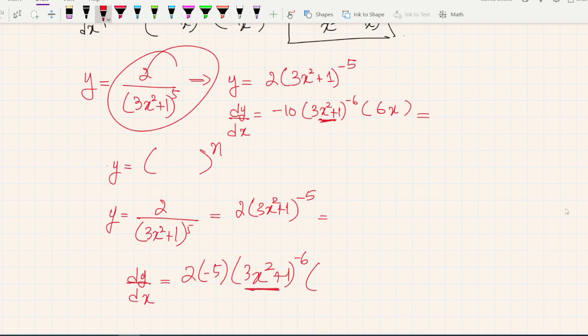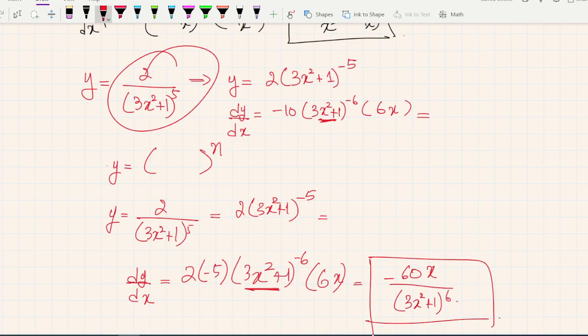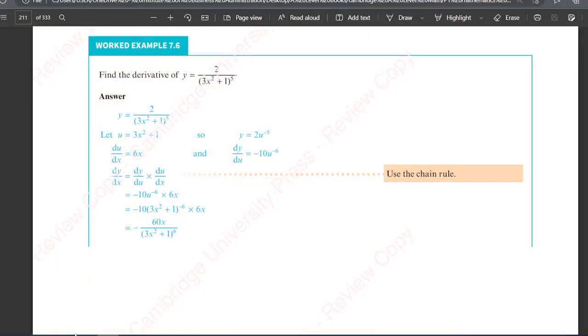So 3x squared plus 1 was inside the bracket, so the differential of 3x squared plus 1 is 6x. So we multiply this by 6x. Finally, if we combine all of these together, we get negative 60x divided by (3x squared plus 1) raised to the power of 6. So this is my final answer of differentiation.